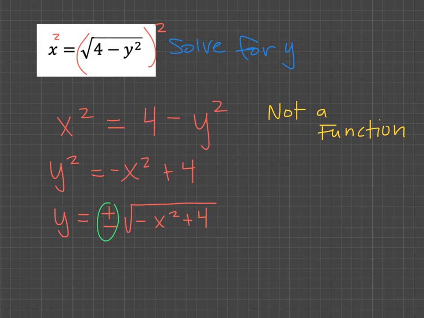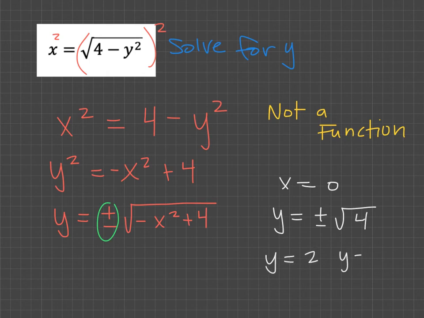Let's take x equal to 0 and plug that in. We would get y equals plus or minus the square root of negative 0 squared, which would be 0, plus 4, so it would be plus or minus 4. So y would equal positive 2 and y equals negative 2. So one value of x, 0, goes to more than one value of y, so it's not a function.